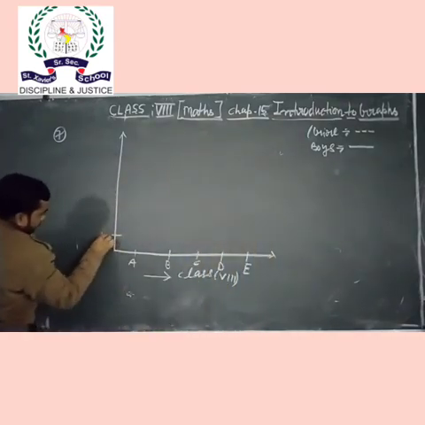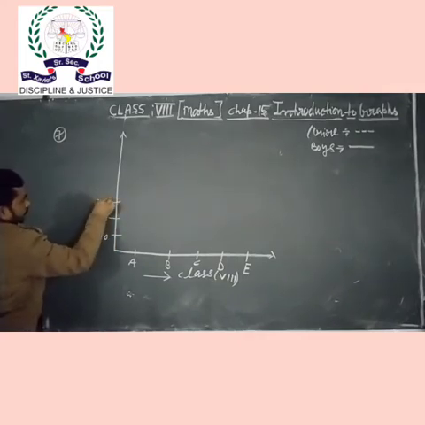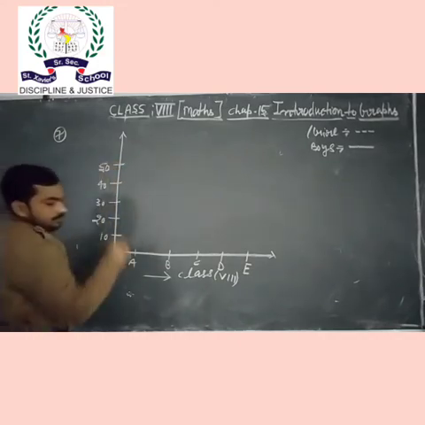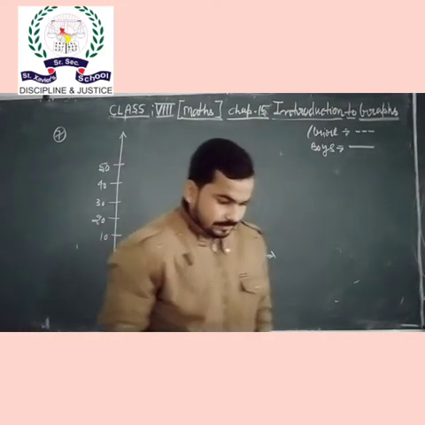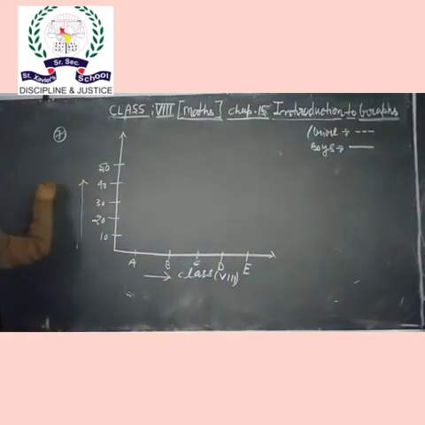Here 10, 20, 30, 40 and 50 in the vertical axis, the number of boys and girls.